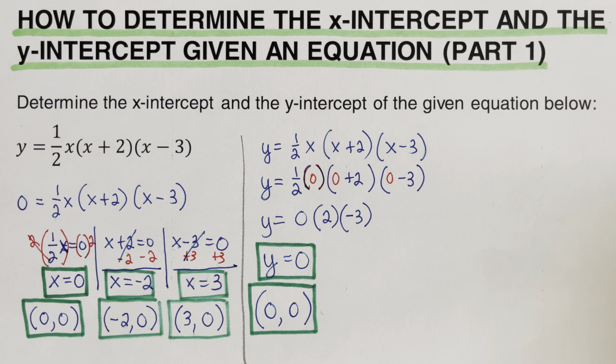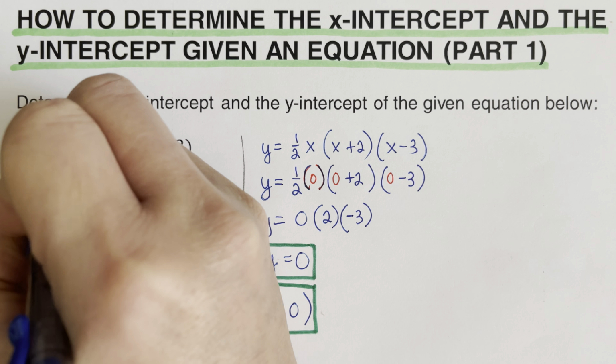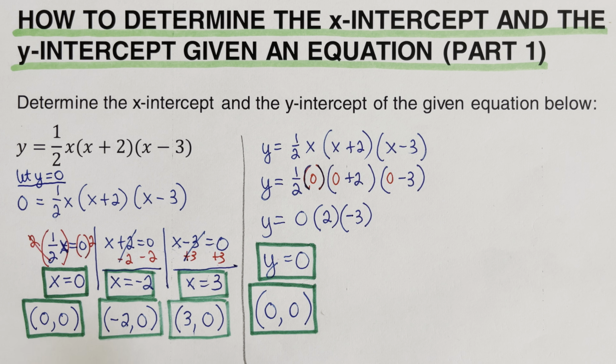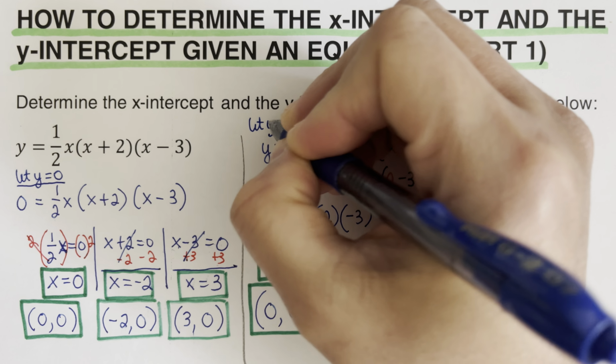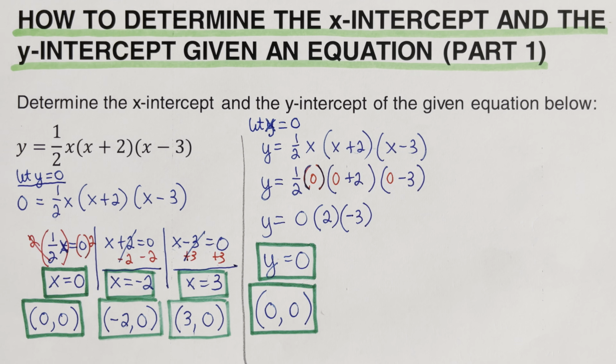Again, we remember that to find the x-intercept, we let y equal 0. That's very important to remember. If we want to solve for the y-intercept, we let x equal 0.